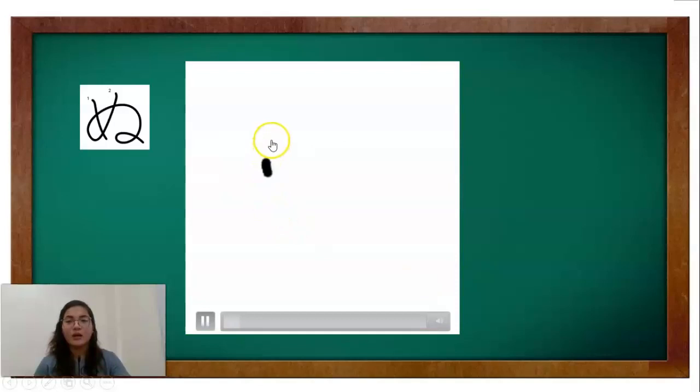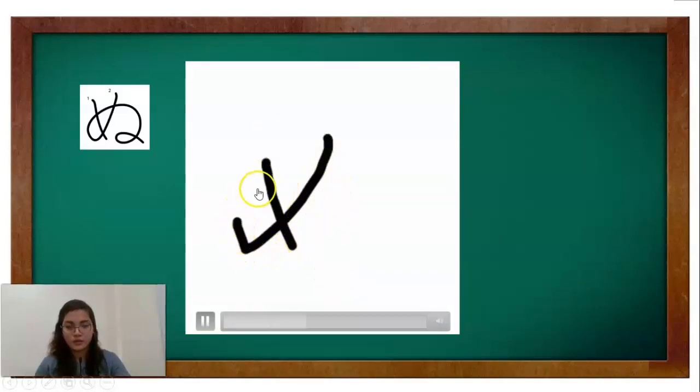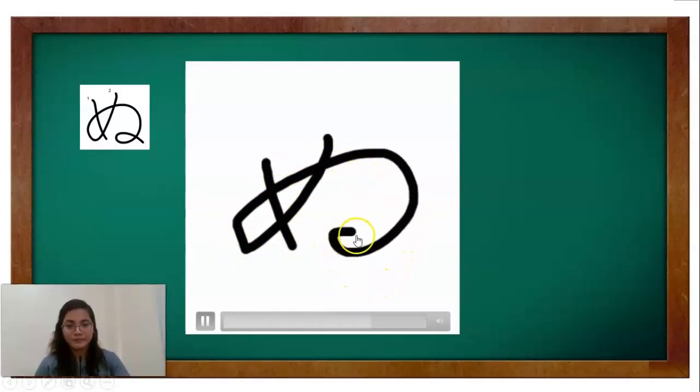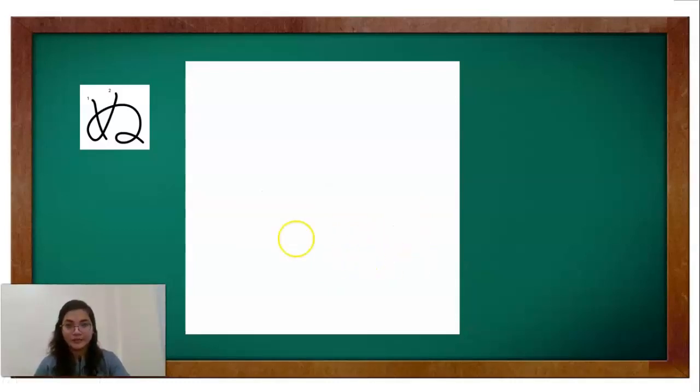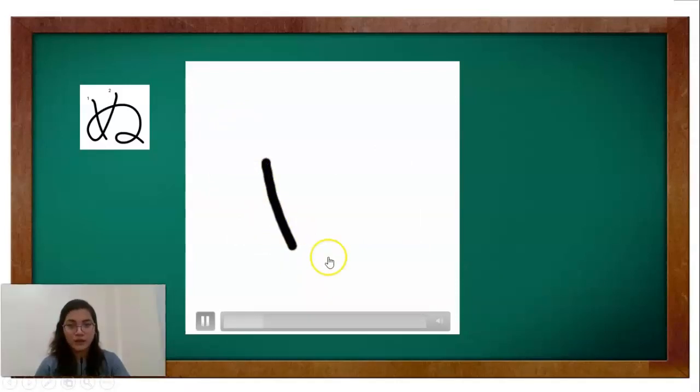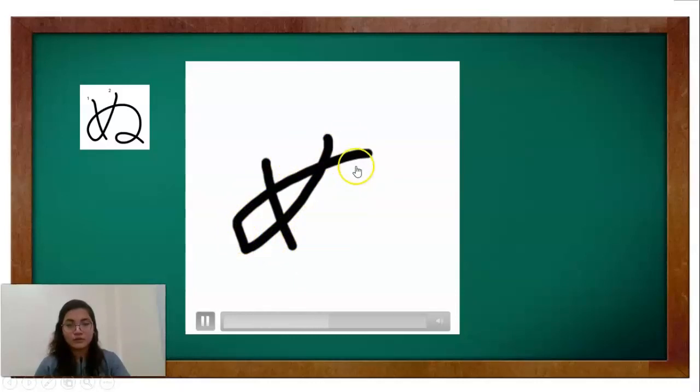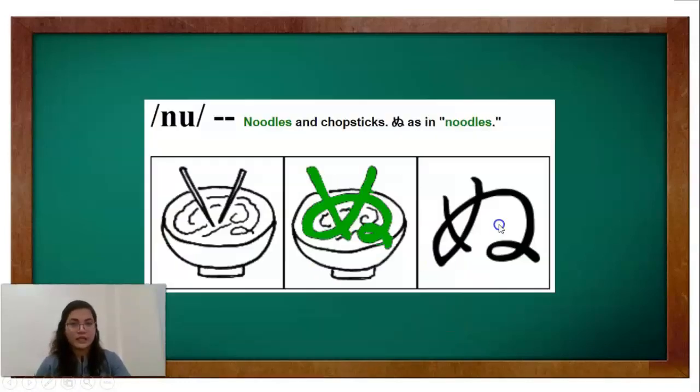Okay, next up is the character nu. Okay, 1 and 2. Okay, let's try it again. 1, 2. Okay, and to easily think of this character, imagine noodles and chopsticks.